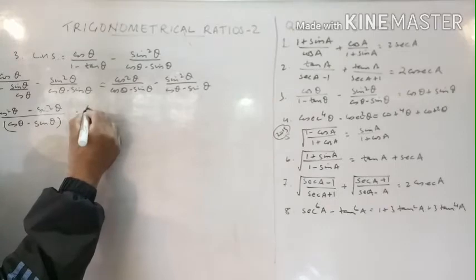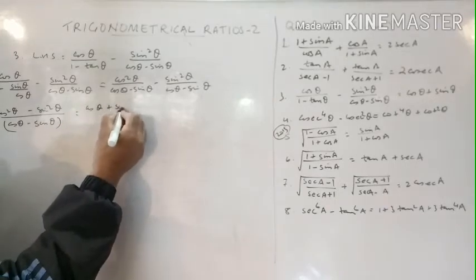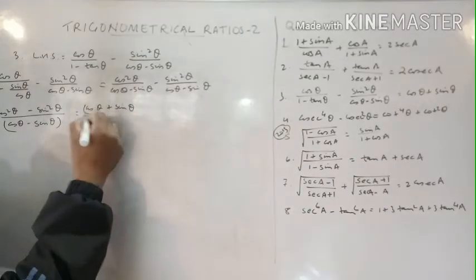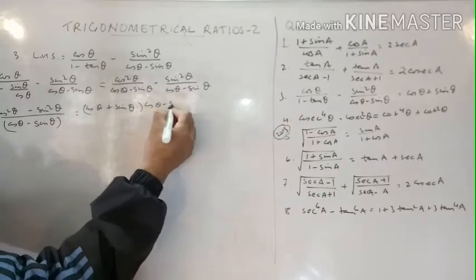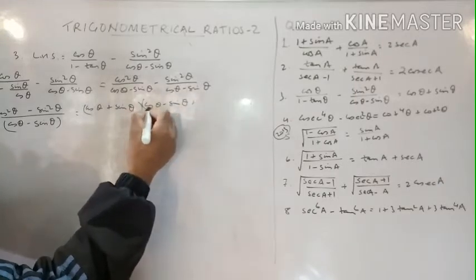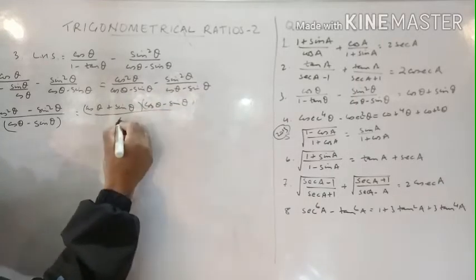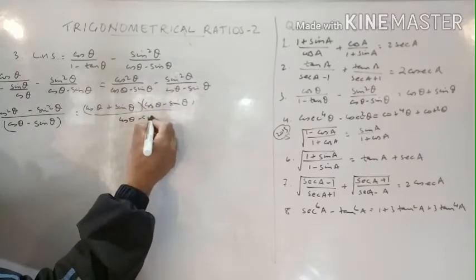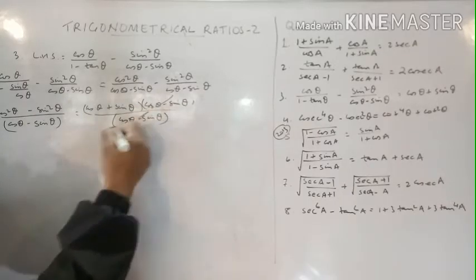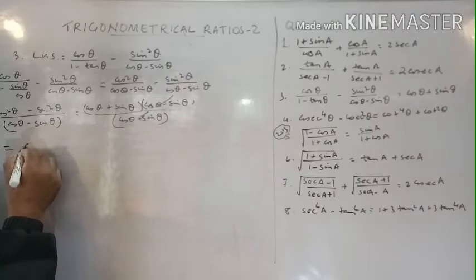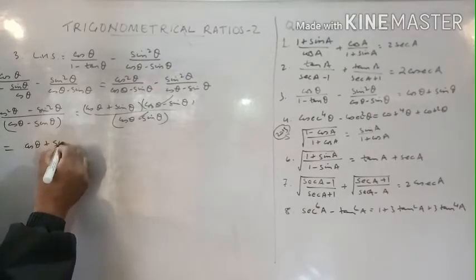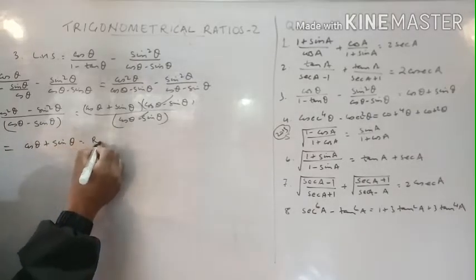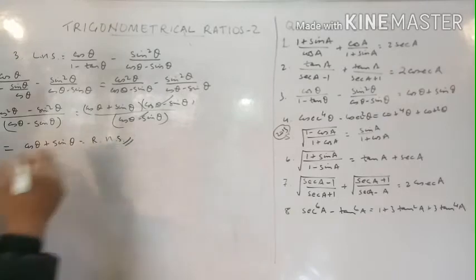So we can write this as cos theta plus sin theta into cos theta minus sin theta upon cos theta minus sin theta. So this cos theta minus sin theta cancels. So what is left? Cos theta plus sin theta, and that is equal to right hand side. So it is true.